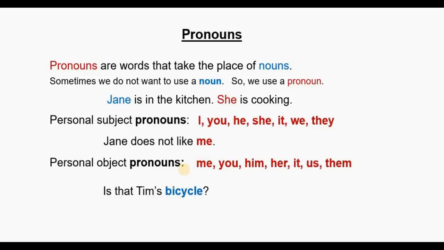Is that Tim's bicycle? No, it is mine. So in this sentence, we have 2 pronouns. We have it, which is a pronoun, and it is referring to the bicycle, replacing the bicycle. And mine is also referring to the bicycle, and it expresses possession. It is telling us whom the bicycle belongs to. Who owns the bicycle?